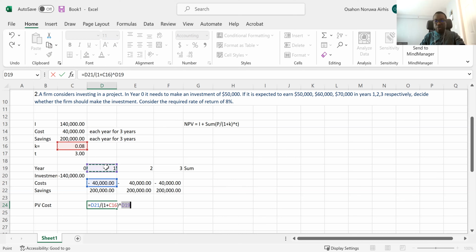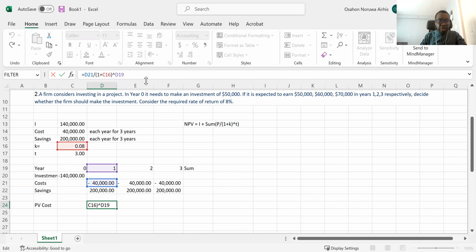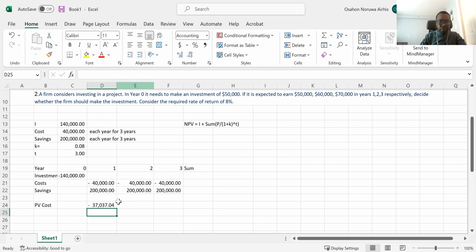For the first item here, year 1, it is 1. Good. Everything else would change except K, that is constant, so let's fix K constant. And now let's drag this.